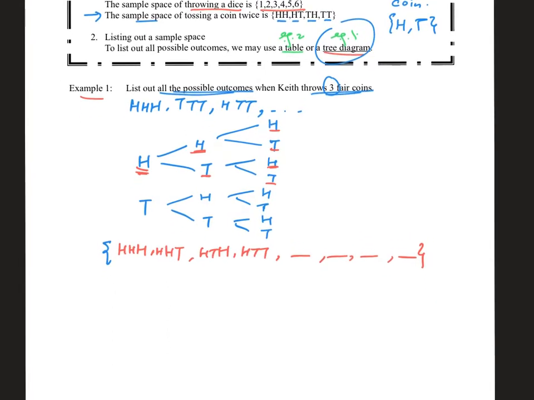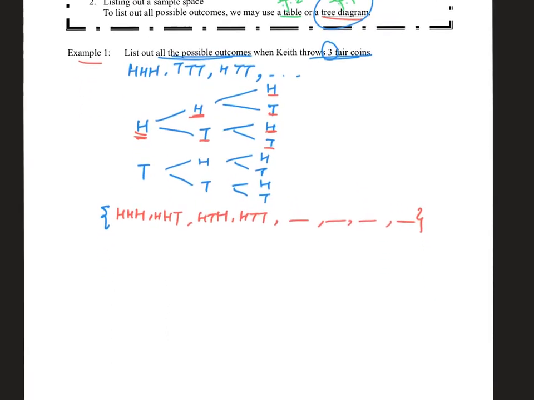In the case of throwing a dice, you may use a very similar way as well. When you throw a dice, you may have 1, 2, 3, 4, 5, 6.